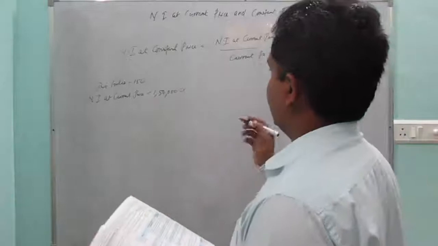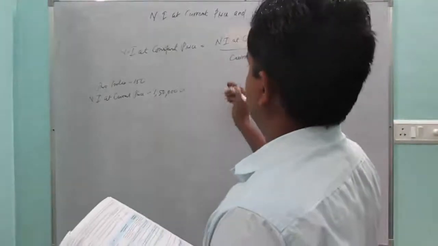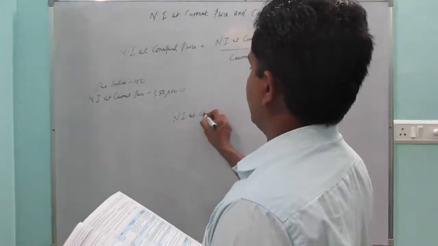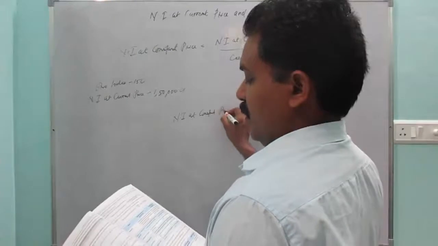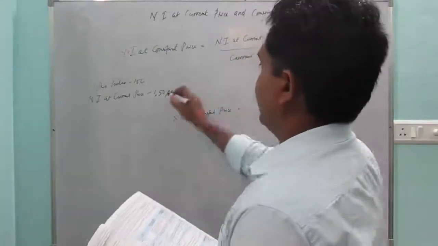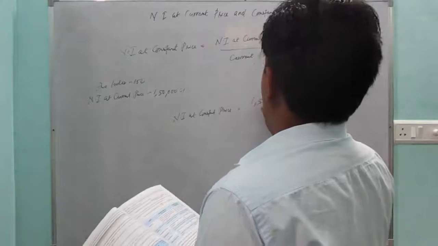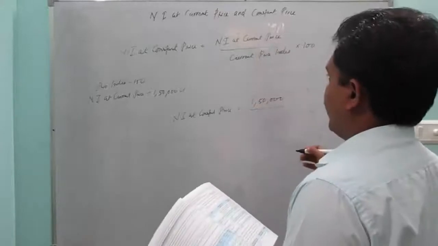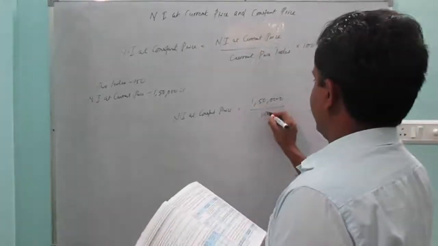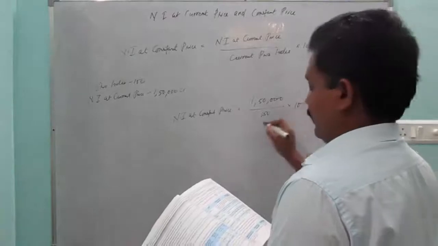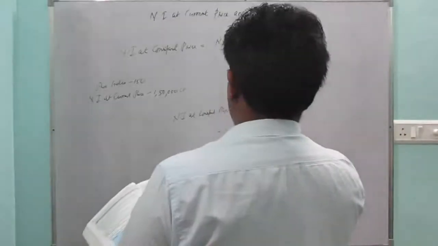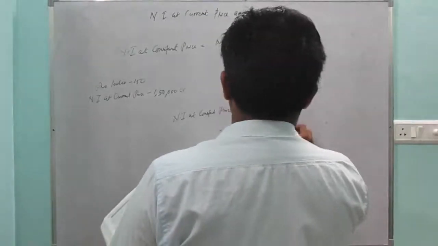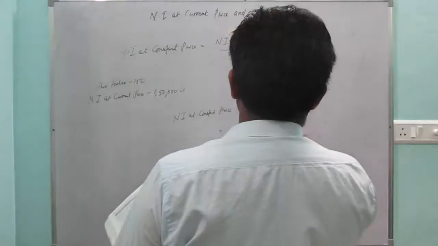Then what will be the national income at a constant price? National income at a constant price is equal to national income at current price, 1,50,000, upon the current price index 150, into 100, that will be rupees crores.